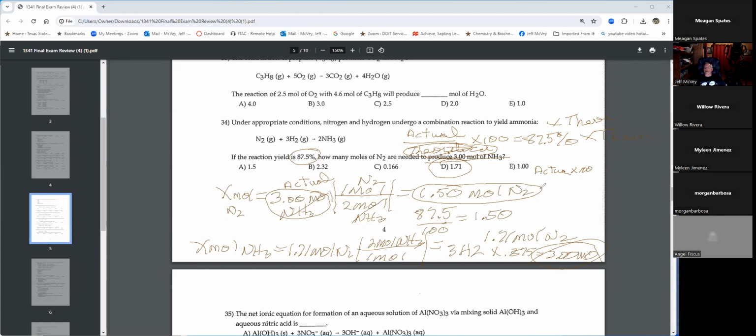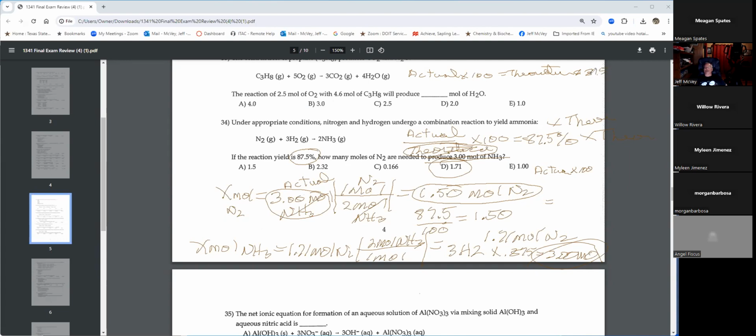which is equal to, okay, let me clean up some space here. So I've got actual times 100 is equal to theoretical times 87.5. Okay, so this is what I'm solving for.